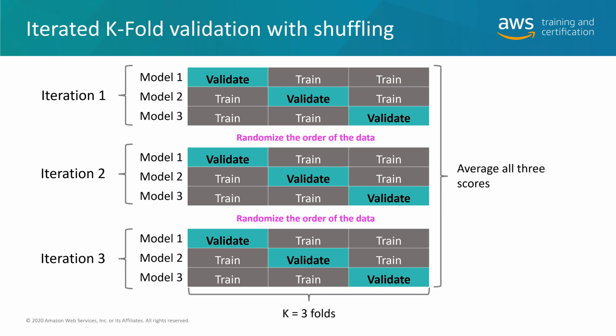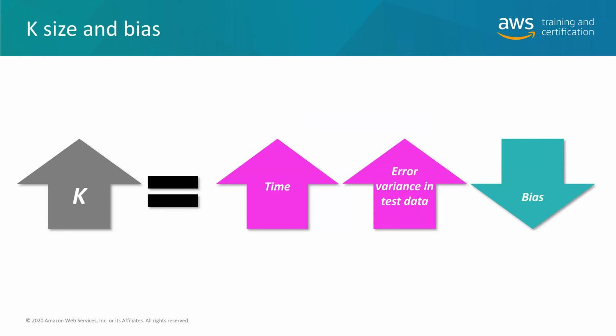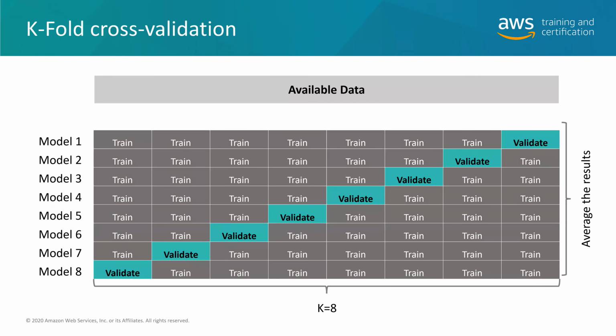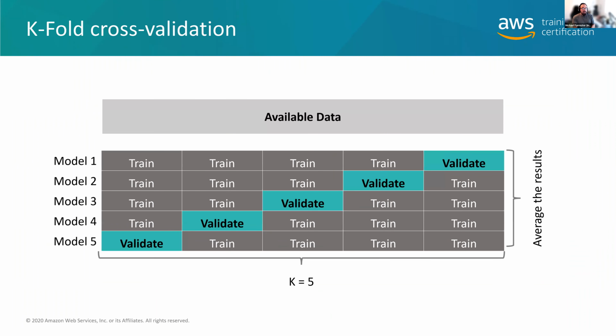If you have K equals 10 and you're splitting the data into 10 pieces. Okay, so same data set. And here, this is 8-fold validation, so the size of validate here is smaller. So the amount of total training data that you have access to is much larger. Here, if it's 5-fold, then you have a much larger validation section compared to the total amount of data, assuming the same data set.